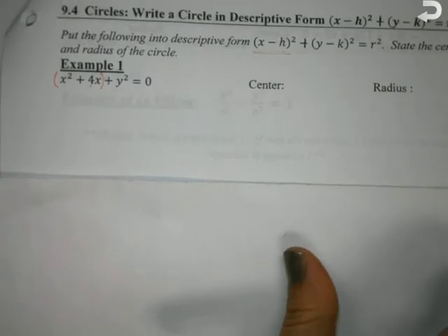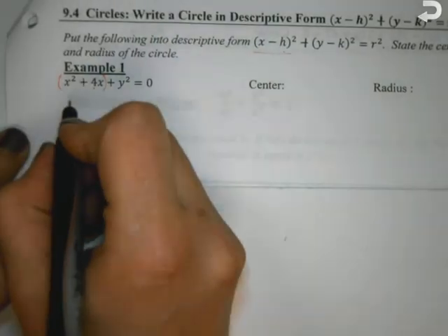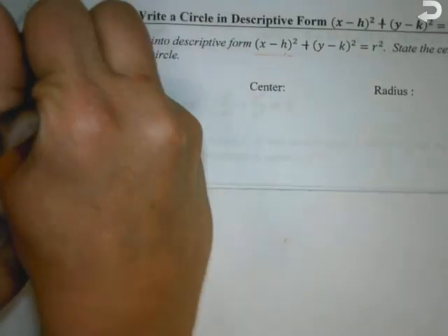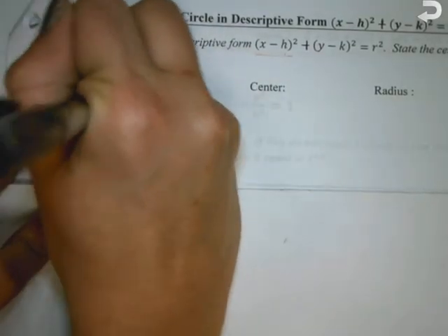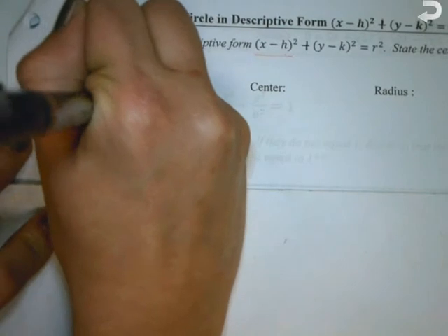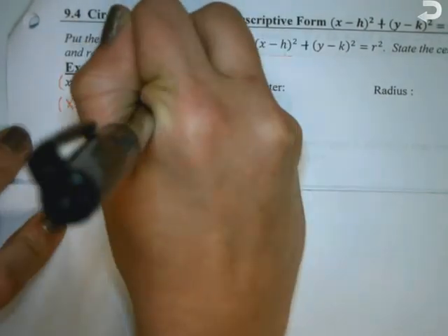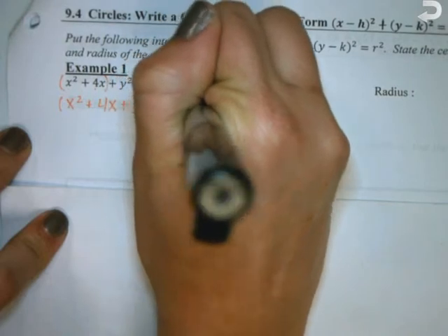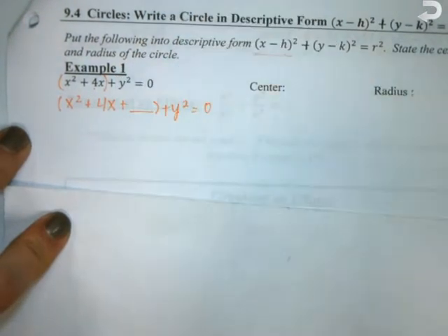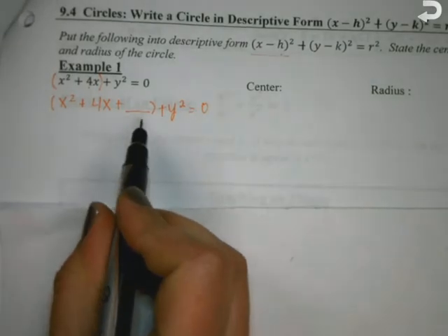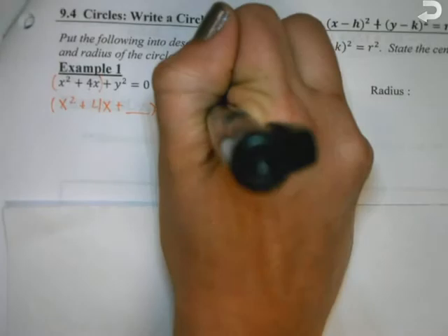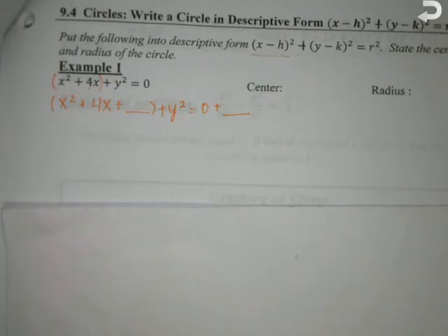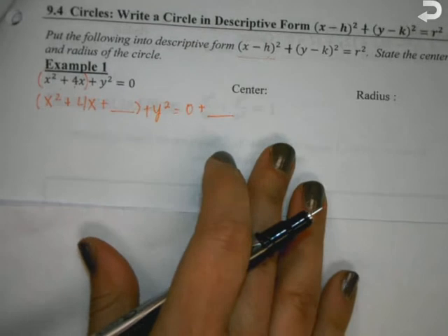So what we're going to do first is rewrite this, but with completing the square we have to fill in the blanks. So let's just rewrite x squared plus 4x plus blank plus y squared equals 0. And remember, whatever I do to one side, I have to do to the other. So we have to put in a plus blank right here as well. Okay, how do I fill in the blank?